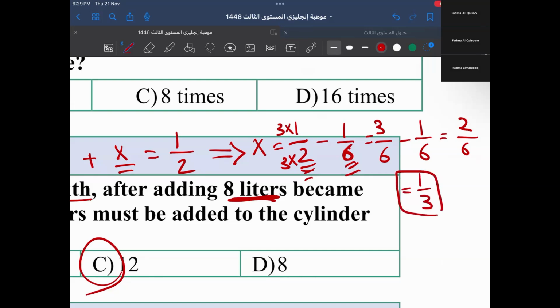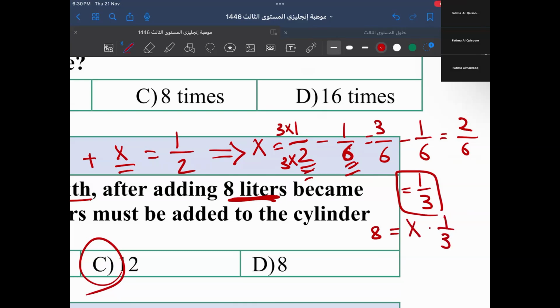So now 8 liters of the whole cylinder, which is X, we don't know the whole cylinder volume, equals 1/3. Oh, sorry, I messed up here. So the 8 equals the whole cylinder times 1/3.